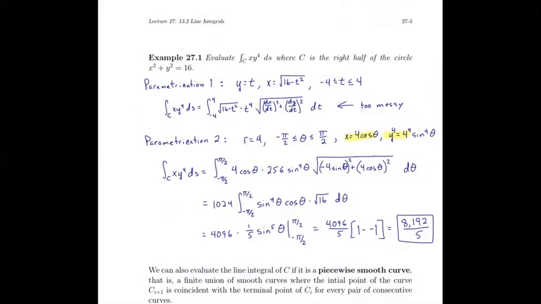So we can plug all these into our integral, and let's see how this goes from here. Our line integral becomes, we're going to let theta range from -pi/2 to pi/2. Replace x with 4 cosine theta. This is 4 to the 4th sine to the 4th theta. And then this is the derivative of x, all squared, plus the derivative of y.